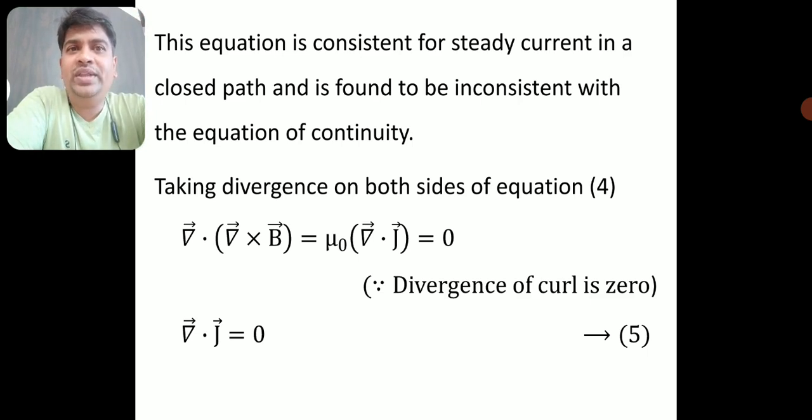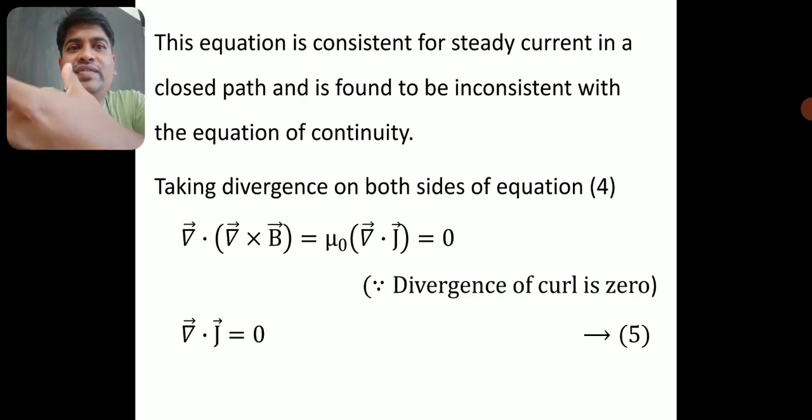Because you know that divergence of curl of any vector is 0. Divergence means vector lines going out. Curl means swirling, a rotation. So any vector cannot have both quantities. So divergence of curl is 0.